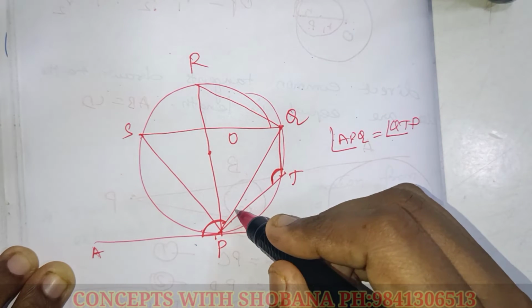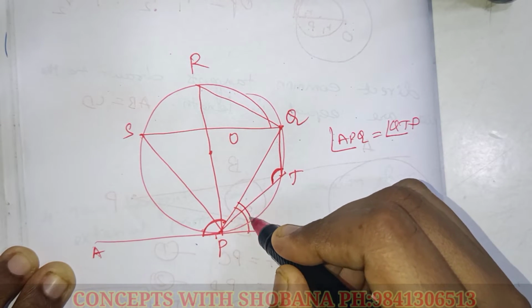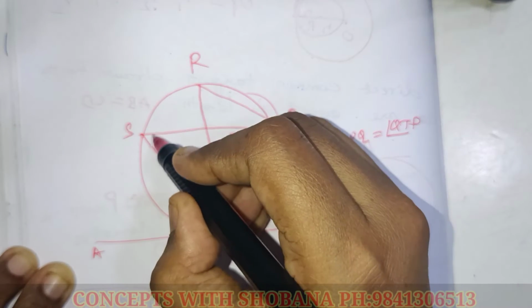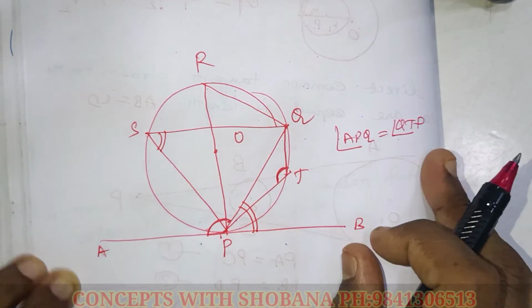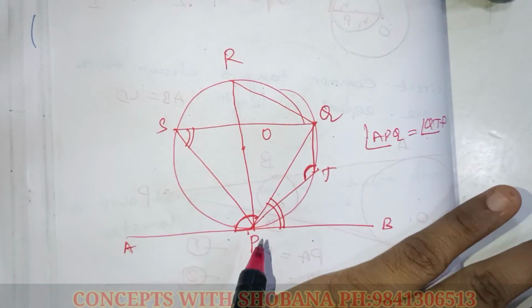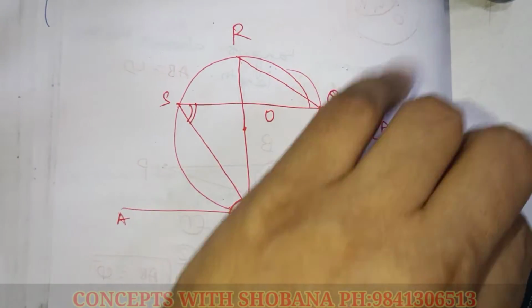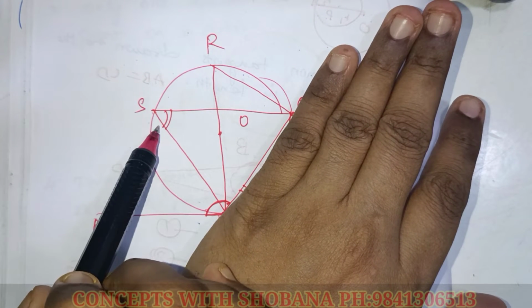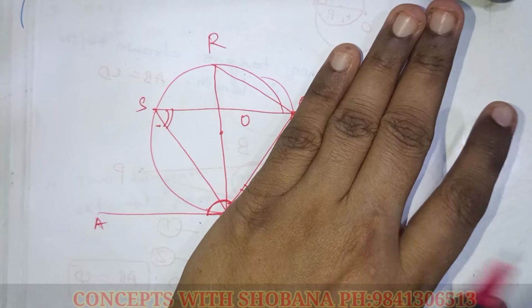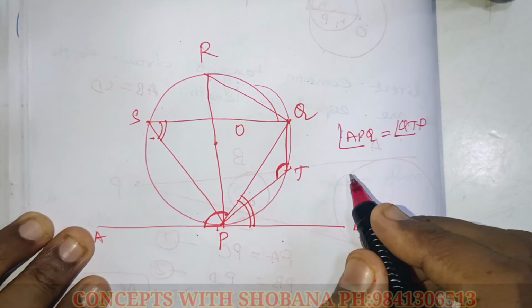Similarly, let us take this angle. This angle will be equal to the angle formed in the alternate segment, the other side of the same segment.